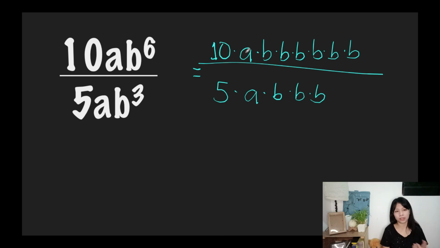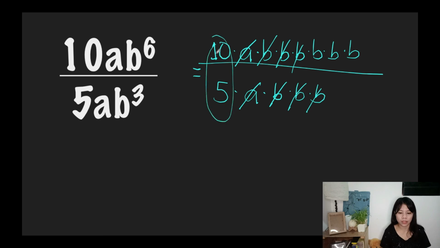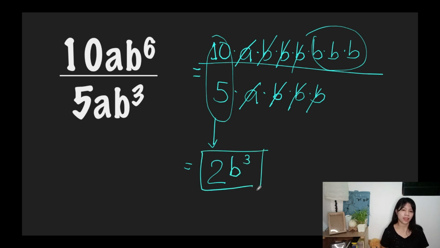I-cancel lang natin yung magkakatulad, which is itong A. Tapos, since may tatlo kang B sa baba, pwede ka mag-cancel ng tatlong B sa taas. Ngayon, meron tayong 10 divided by 5. And we know that 10 divided by 5 is equal to 2. Ngayon, ilan yung natirang B? Tatlo. So, B times B times B is equal to B cubed. So, this is the answer.